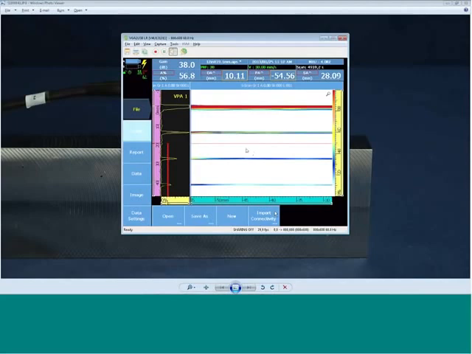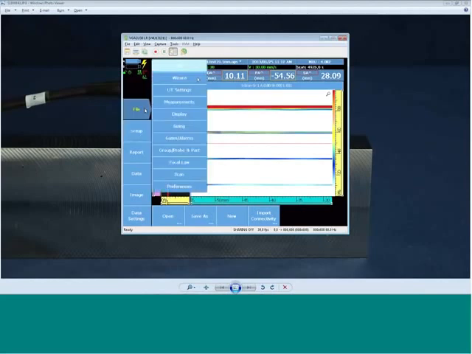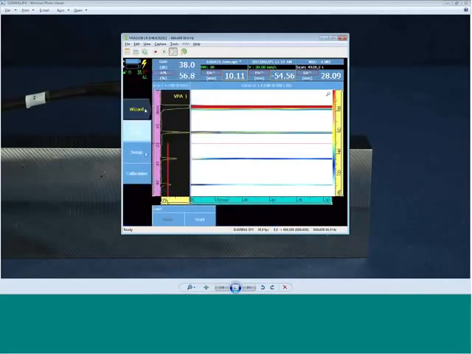But in the instrument environment, using the wizards, our setup wizard and part weld wizard will recreate the same environments for a simple 1D linear array probe that we just discussed in the computer-based version of that.